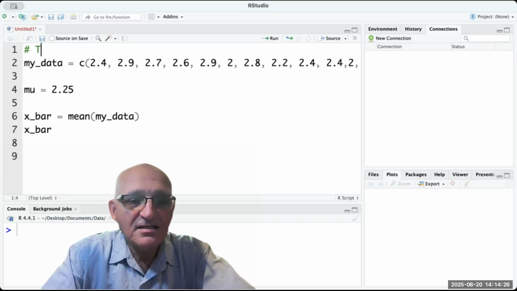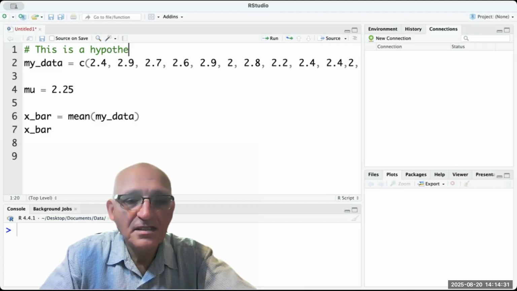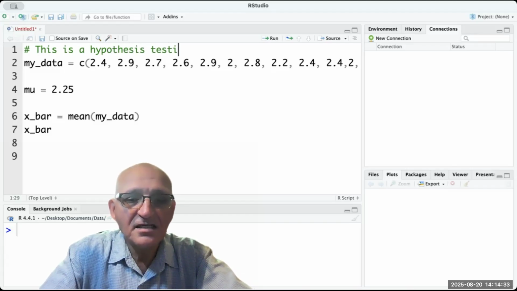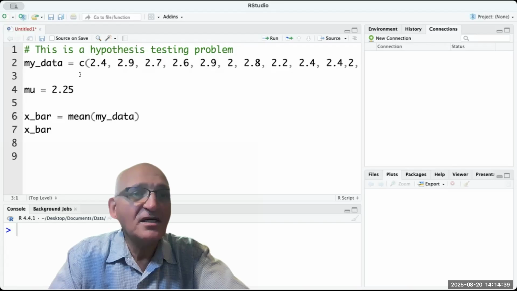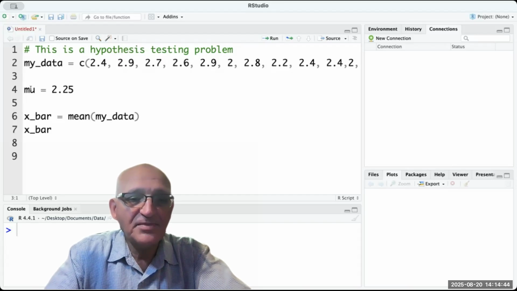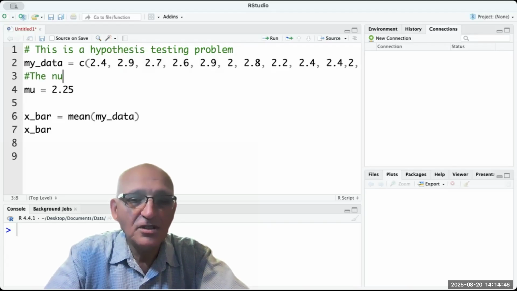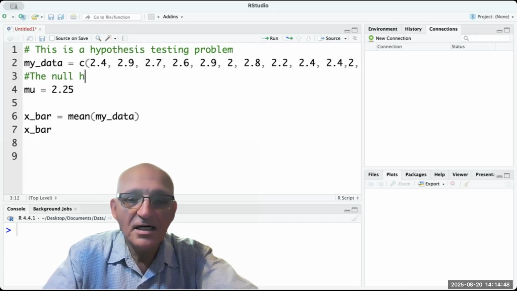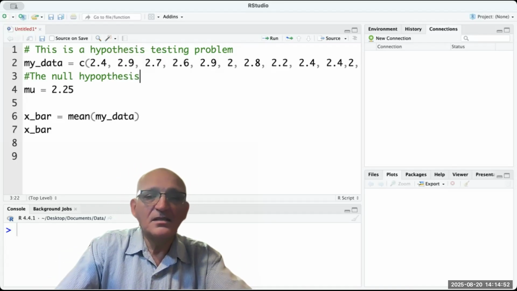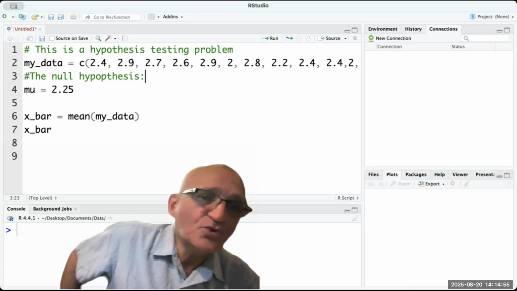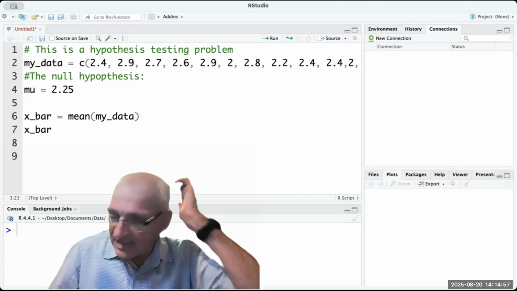But you can say this is a hypothesis testing problem, for example. So when you come back and you see mydata, you know what you're doing. And for example, I can add here the null hypothesis, and I can write the null hypothesis mu equals 2.25 and stuff like that.